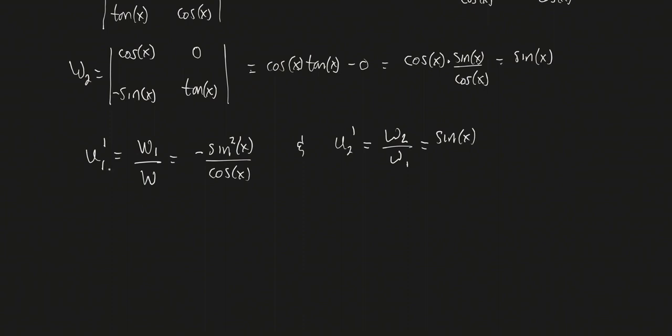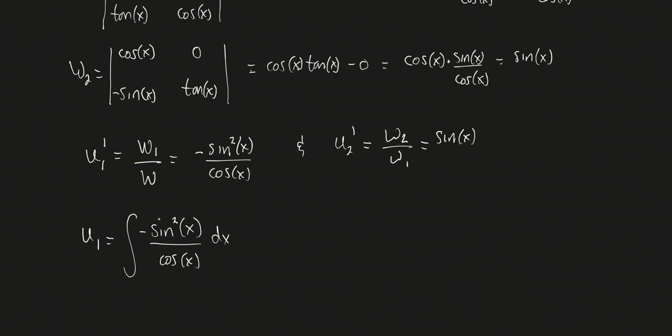Next up, we don't want u1 prime, we need u1, so we have to integrate this. And similarly, we don't want u2 prime, we want u2, so we have to integrate this. So let's start with the harder of the two, right? So u1 will be the integral of negative sine squared x over cosine of x dx. There are different ways you could do this problem.